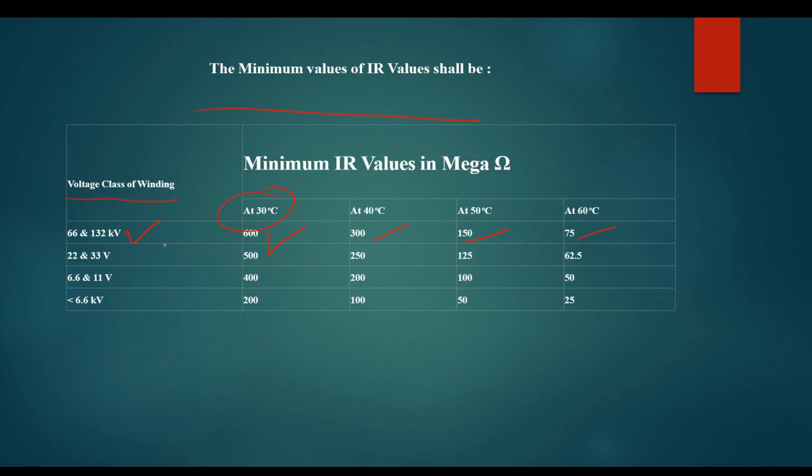I will give you the relation of temperature versus IR. This is 30 degrees and this is 40 degrees, meaning an increase of 10 degrees Celsius. If 30 degrees is 600 megaohm, then at a 10 degree temperature increase, the insulation resistance will be 600 upon 2, meaning 300 megaohm.